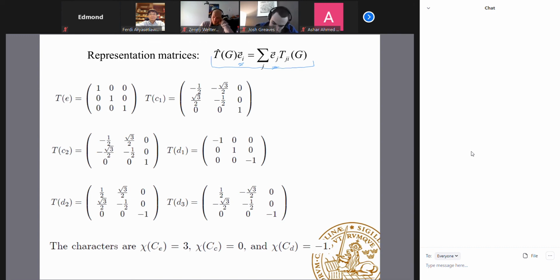And if we look at T_C1, just take one example here. Let's look at Ex, for example. So we take e_i and we have T_G, let's say Ex here.